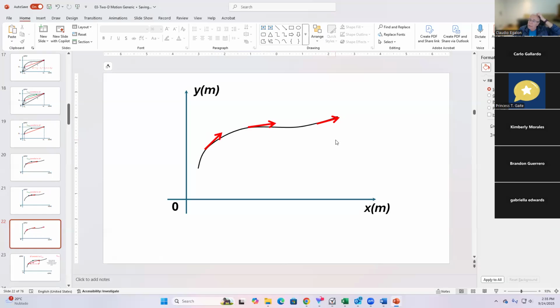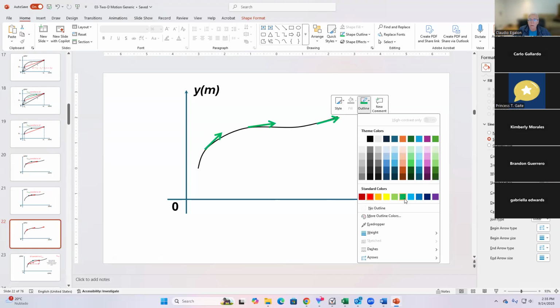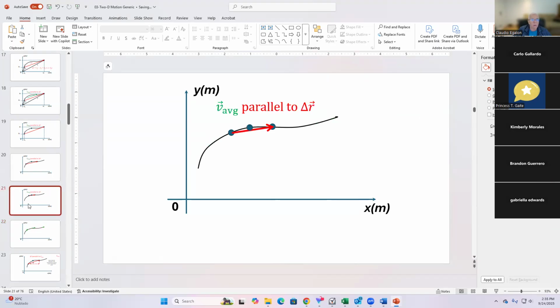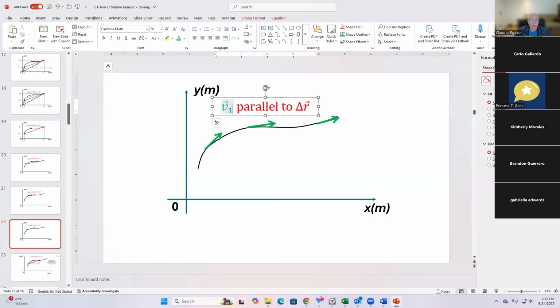This exercise only tells you the direction of the vector velocity. It doesn't tell you the magnitude of this vector velocity, okay? So here you go. Here's gonna be my instantaneous velocity vector 1.